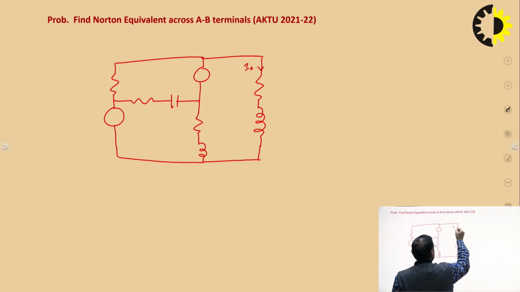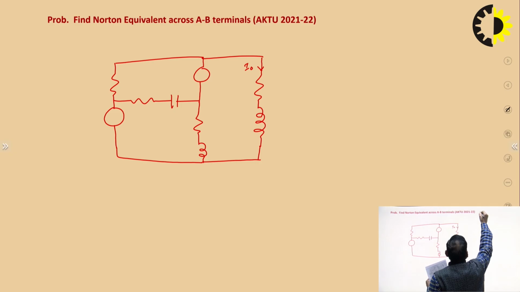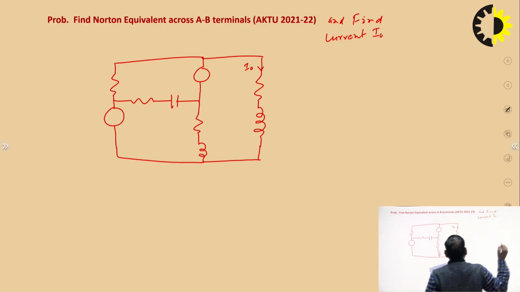Say this is I0, and find the current I0.